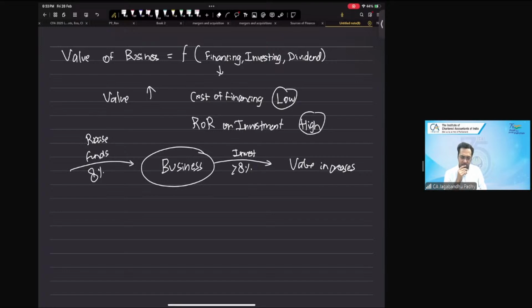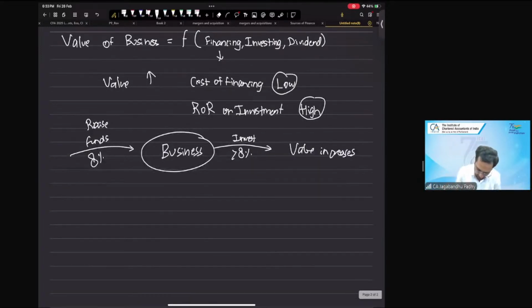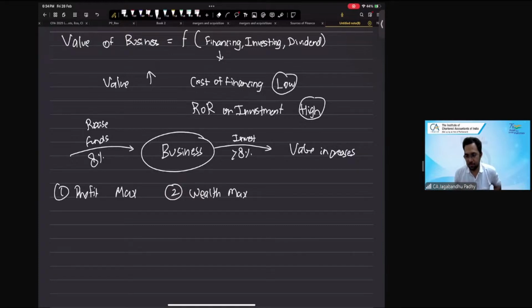Optimum utilization of finance, okay. Now if I give a choice: the role of the finance manager is profit maximization, or the role of the finance manager is wealth maximization. Right? So profit maximization and wealth maximization.